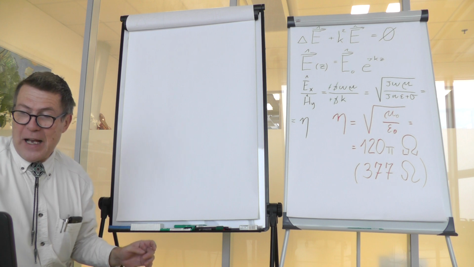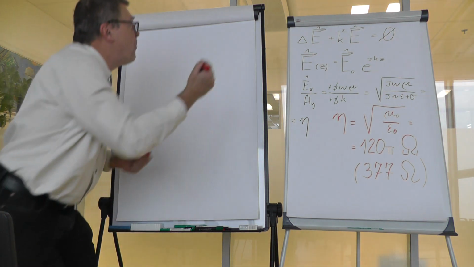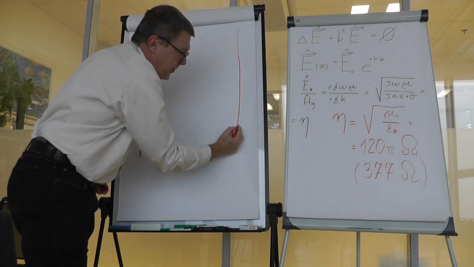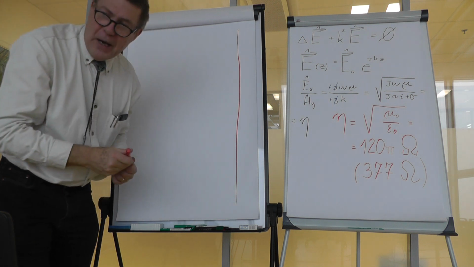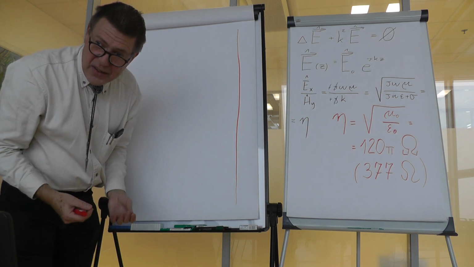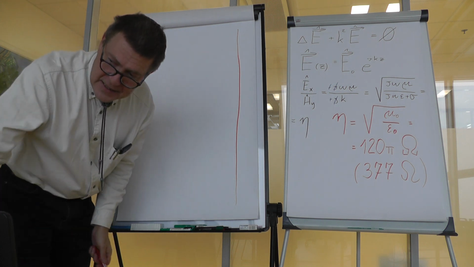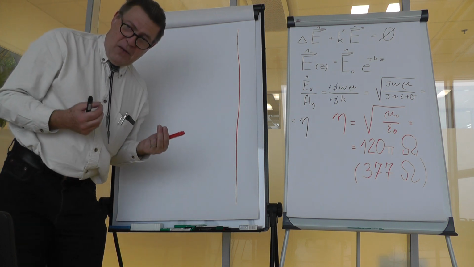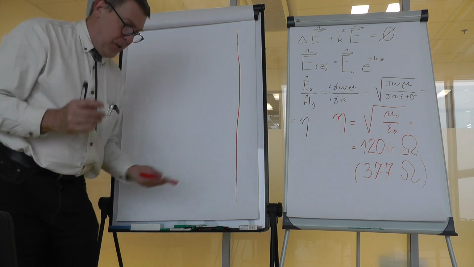So we would have a conducting plane, a full conductor, perfect conductor. And the plane wave would arrive and land onto it exactly perpendicularly.